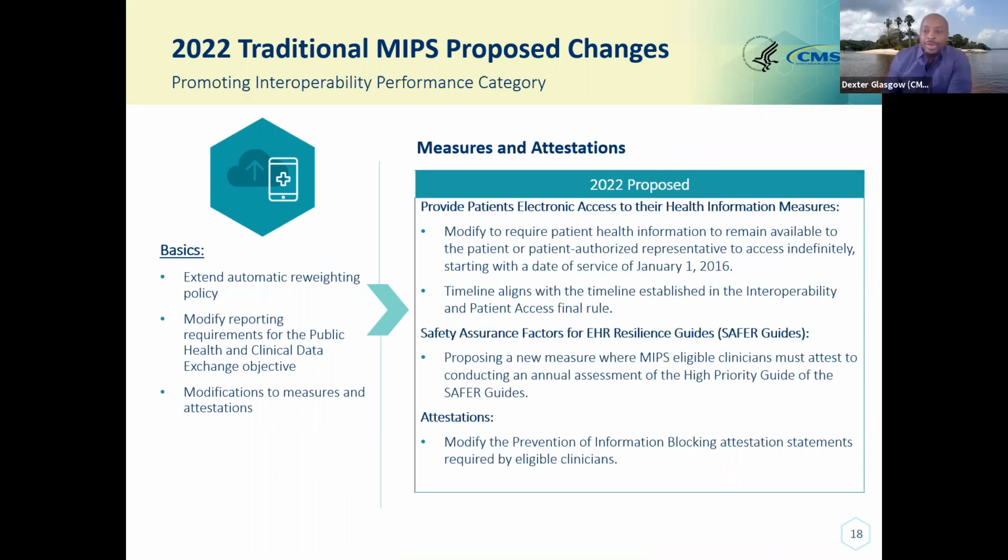We have a couple more modifications for promoting interoperability. One is we're going to provide patients electronic access to their health information measure. It's going to be a safety assurance factor for the EHR resilience guides, or SAFER guides. We're modifying our information blocking attestation statement. Currently, there are 3 different statements that you need to attest to, and we're proposing to remove 2 of them.